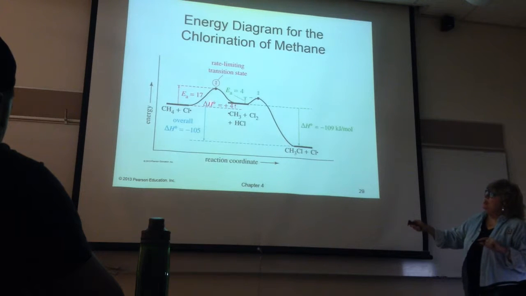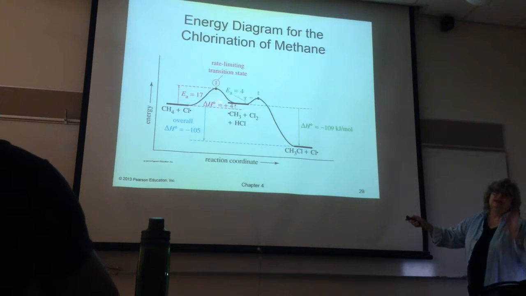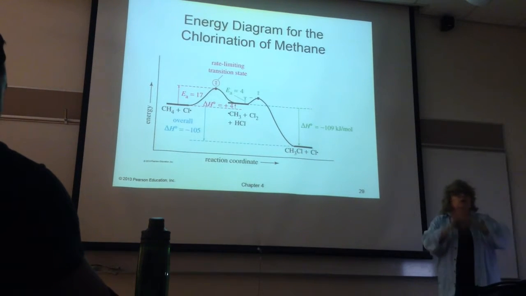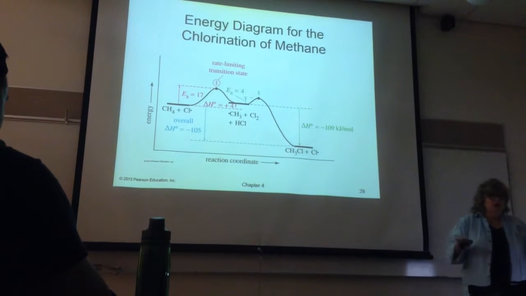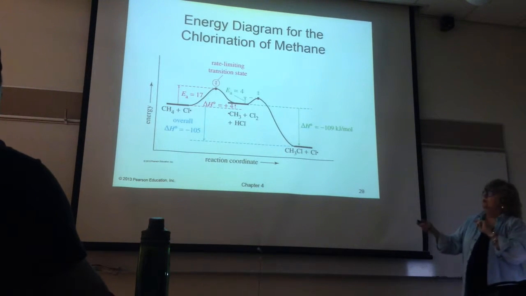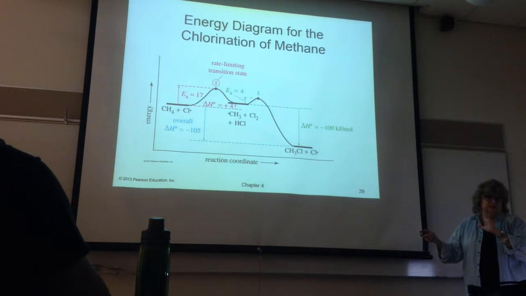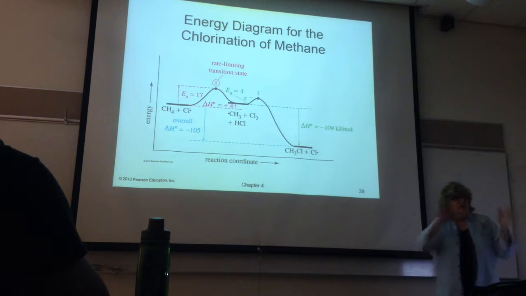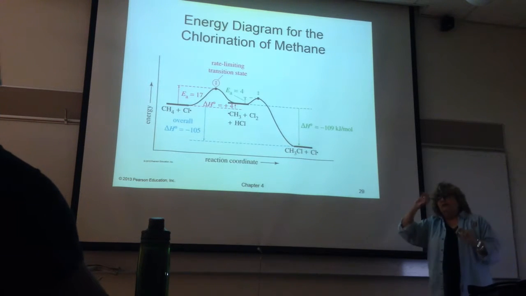When you have that little well, it is called an intermediate. All the chemistry that we're going to see the whole entire year either goes like the graphs before, through a transition state, or they will go through an intermediate. Is everybody there? All of it. We don't have any other type of chemistry, just through a transition state or through an intermediate.